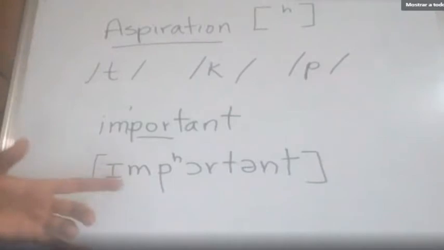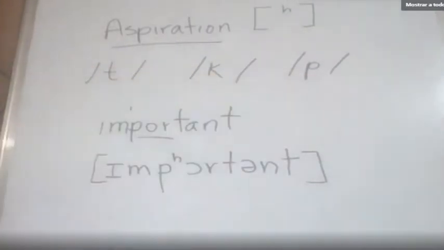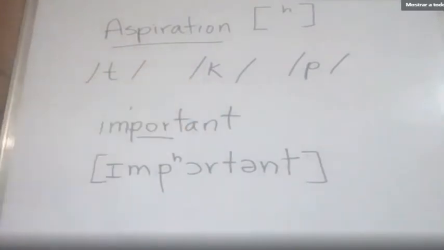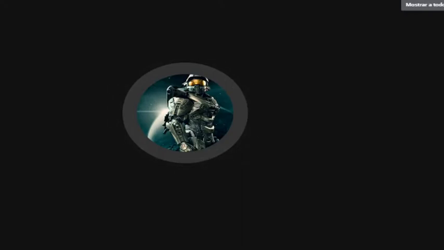It happens with all these three sounds. It could be T, K, or P, as soon as they occur in that environment. Example: occur. Okay, occur. Cur. It is a stressed syllable, so the k will be aspirated. Excuse me, Professor. You said that is syllable initial, right? That example.